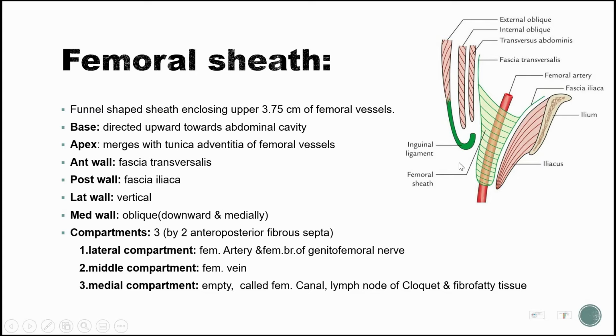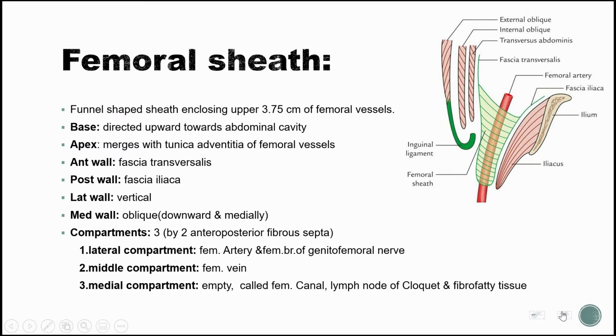So the superficial aspect of the vessels, as I said, is the tunica adventitia, and it merges with them. And we also have the anterior wall and posterior wall. Anteriorly, we can see from this picture itself that it is formed by the fascia transversalis, and the posterior wall is formed by the fascia iliaca. We have the ilium bone and it has the iliacus muscle, and the fascia covering the iliacus muscle forms the fascia iliaca.